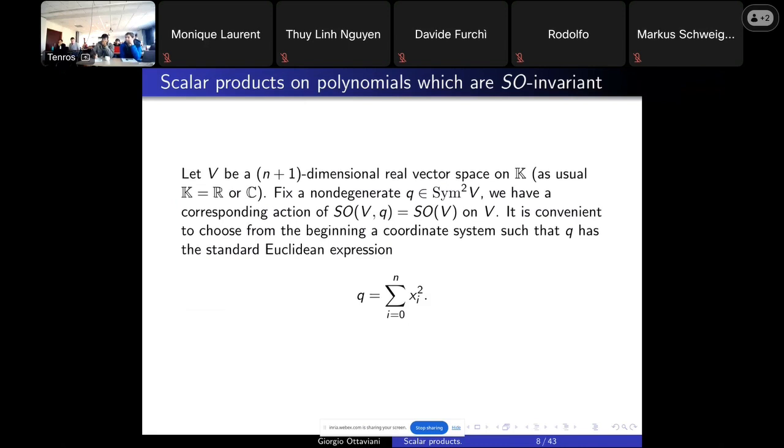So this means that if you have an action of V, this same action extends to the symmetric power. In which way?